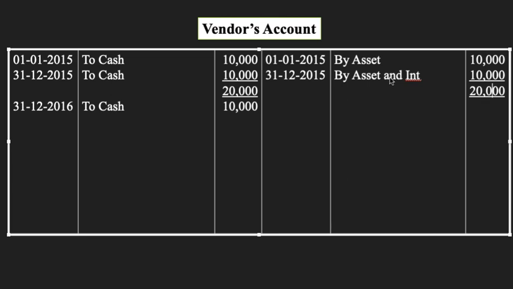If we see, that is 9,070 which is the asset value and 930 rupees is the interest amount. The amount is 10,000 rupees, right? So here we are going to close it.